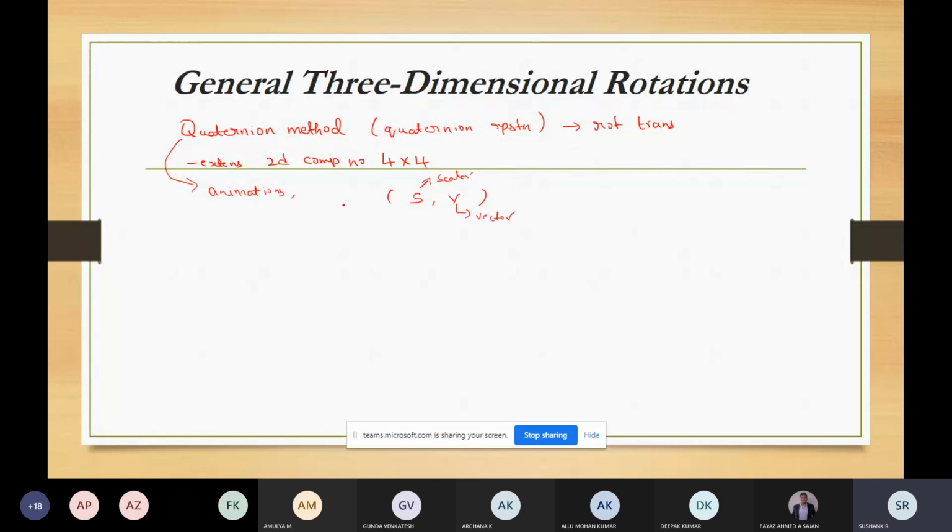So the quaternion is represented by Q equals S comma V, where S is a scalar and V is a vector.